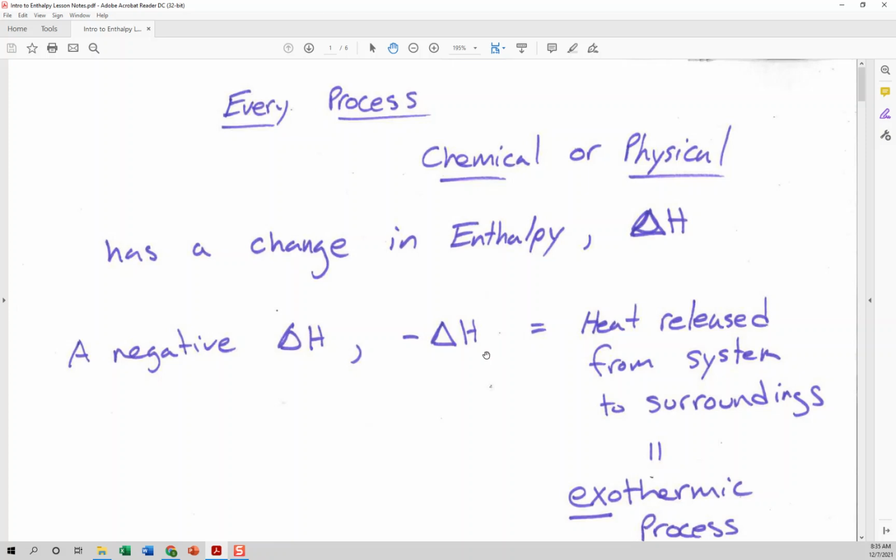You're going to see delta H's with different subscripts, and those different subscripts describe a specific process, a specific type of chemical or physical reaction. Those are things that you could look up and apply in other scenarios.